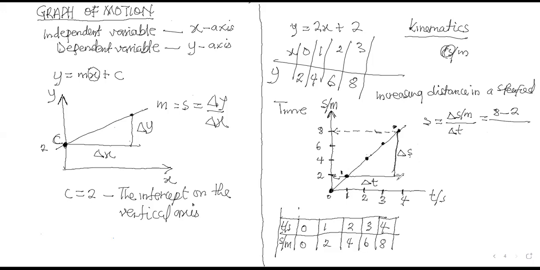Maximum time 4, minimum time is 1. Therefore, my slope is equal to 6 over 3, which is equal to 2.